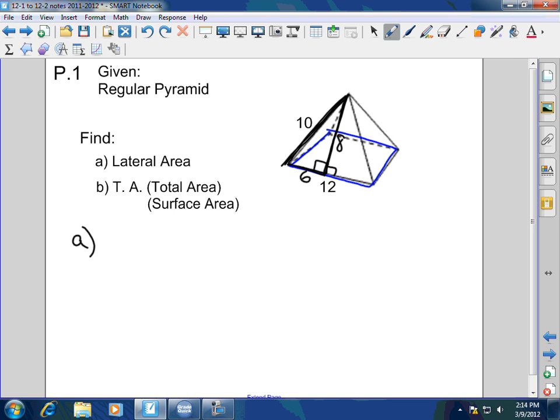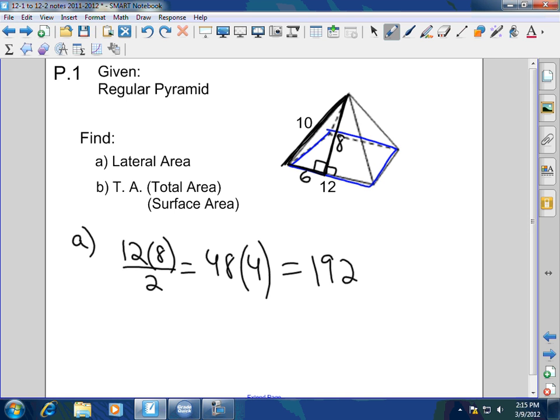So this is going to be base times height divided by 2. So that's 48 times 4 equal triangles. Why are they equal? Because I have a regular base. It's going to be 192 square units. Does that make sense? Okay. Now, my total area.